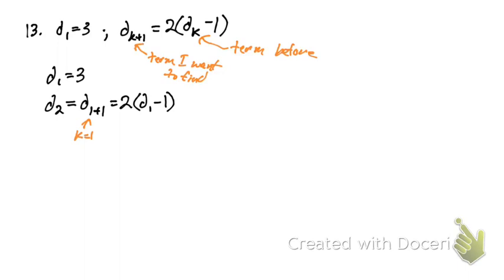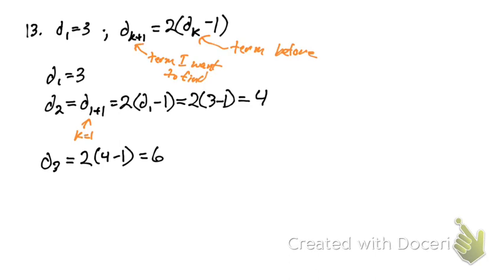That's exactly what I said in plain English: it's 2 times the term right before it, which would be 3, minus 1. So this first step would just be 2 times 3 minus 1, which would equal 4. Following the same strategy, d sub 3 would just be 2 times the term before it, which is 4, minus 1, which would equal 6.